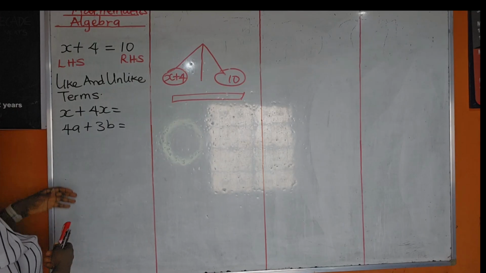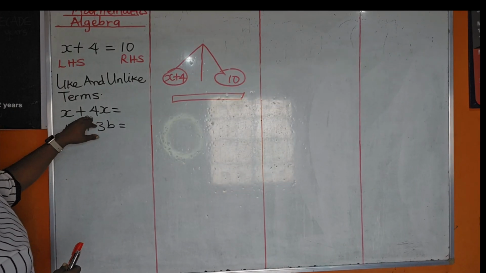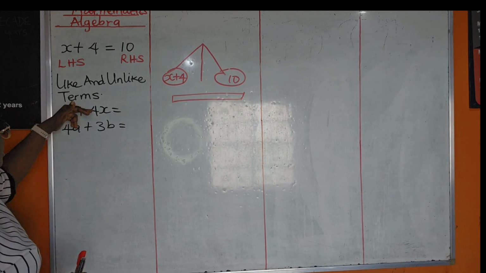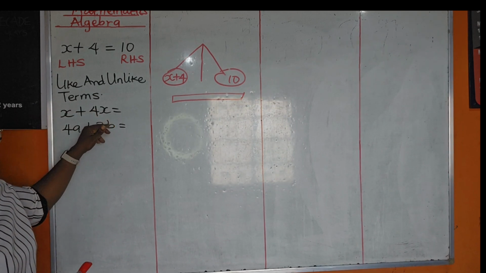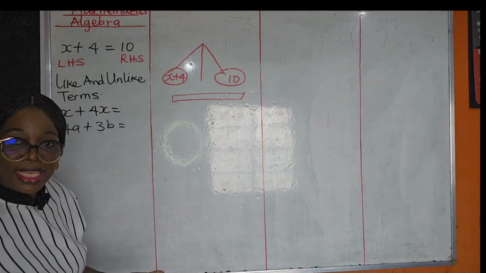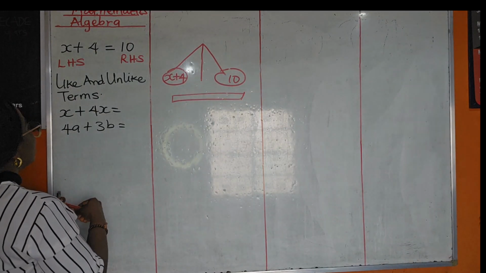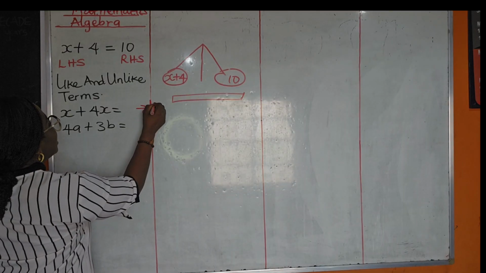Why? Because you can add them. You know, there's this family of x. You can see the presence of x here, and you see the presence of x here, which means they belong to the same family. They look alike. That's what we call like terms.